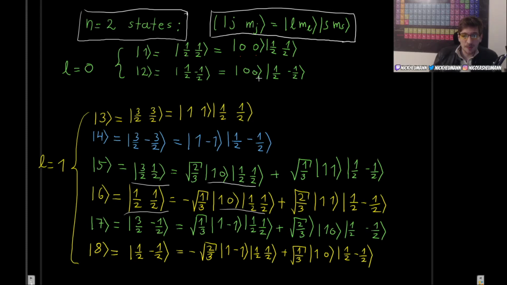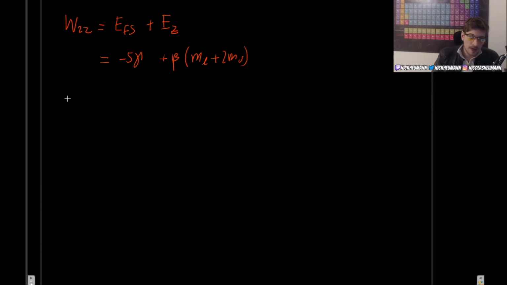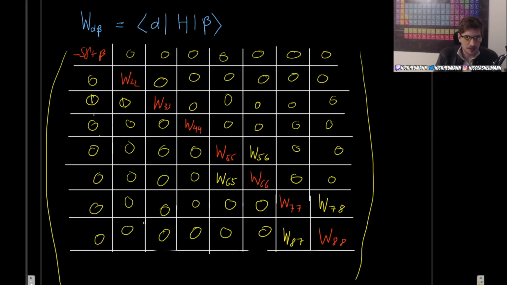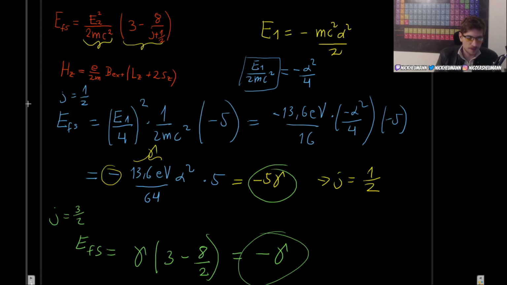So when we multiply by 2, we are going to get minus 1. So this here is 0, and this is minus 1. So in the end, we get minus 5 gamma minus beta. All right, let's plug it into the matrix here: minus 5 gamma minus beta. Let's now go for W33.